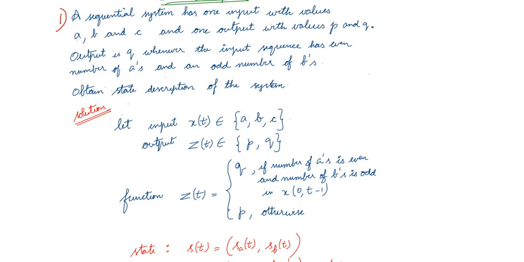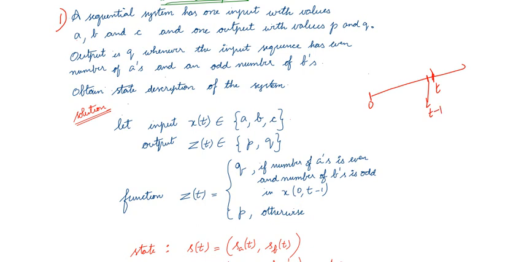If I say this is the time t, what is before time t? This is time 0, and before this is your t minus 1.